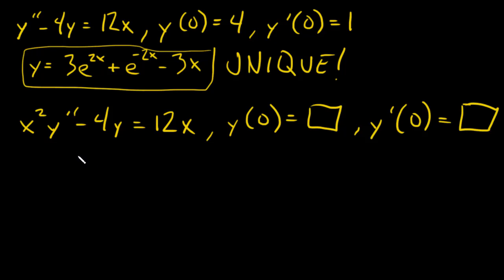And the leading coefficient, the leading function of x, cannot be 0 for a given x. But right here, x is 0. That will take this whole term and change it to a 0. So I can't be at that point guaranteed the uniqueness and existence of a solution.